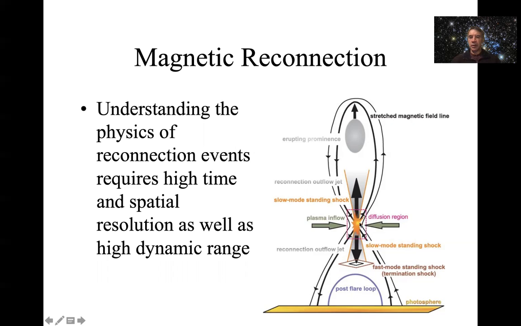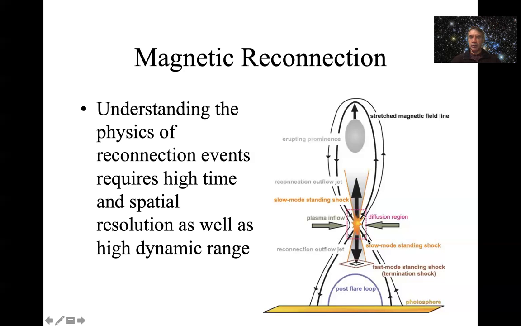You can think of these magnetic field lines, like it says here, as stretched. So there's a lot of tension in the magnetic field lines. Think of it a little bit like an elastic band, which is always a good analogy. So we're pinching that together here, and then you get a reconnection, and it will form two new loops.